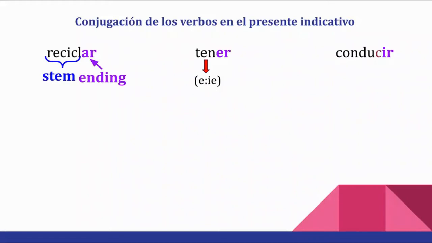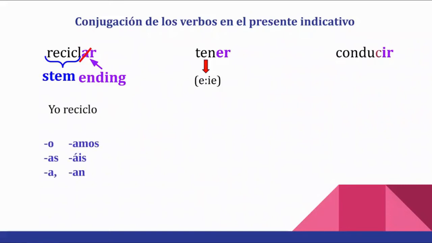Verbs are going to have specific endings according to the subject. So we need to drop the ending of the verbs in the original form or the infinitive form and then conjugate it according to the subject.